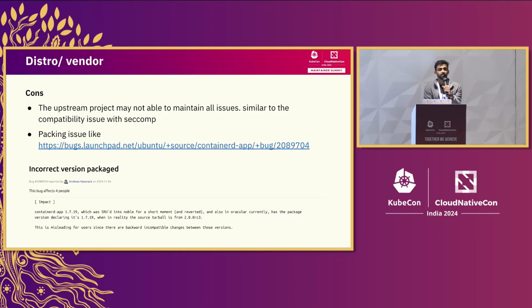The reason it happened is that the releases of containerd RC3 and 1.7.19 happened along the same time frame, so the Ubuntu system that picked up the releases got messed up, and the wrong version was picked up. So issues like this can also happen.